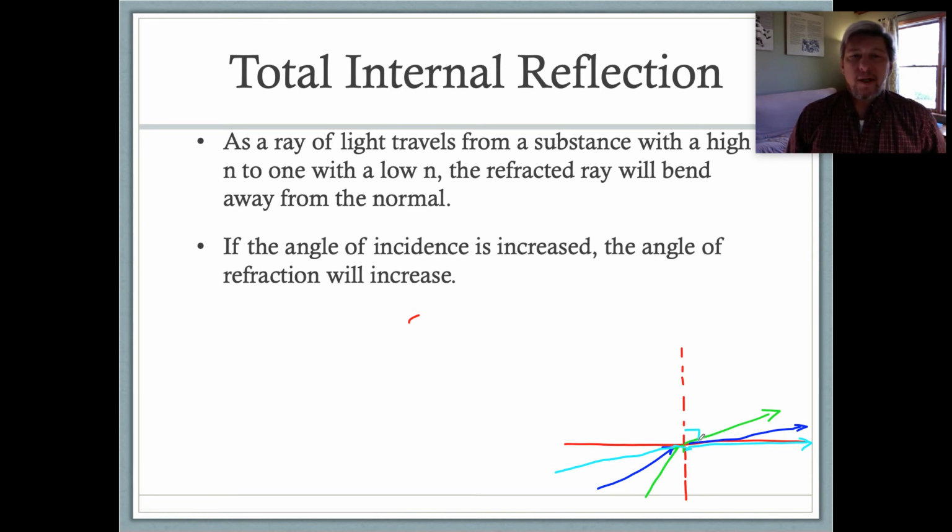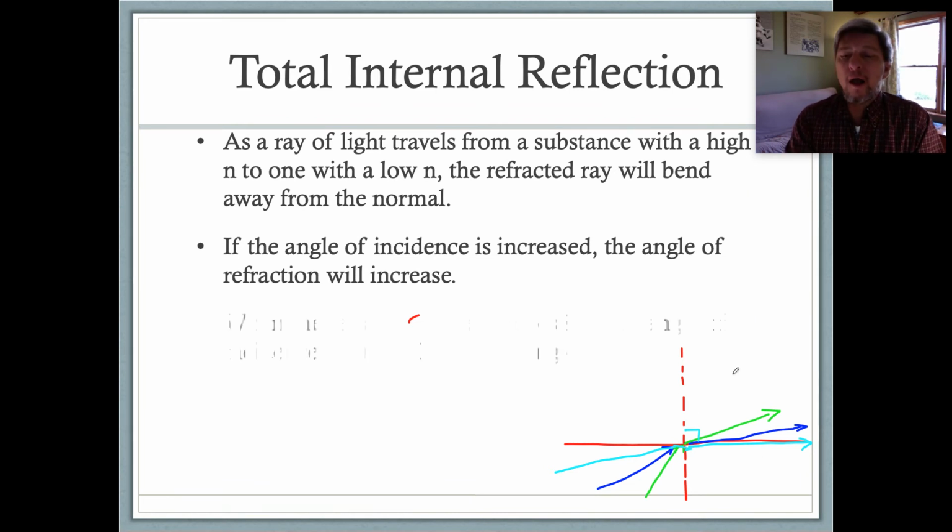So, as a ray of light travels from a substance with a high absolute index of refraction to one with a low absolute index of refraction, the refracted ray will bend away from the normal. If the angle of incidence is increased, the angle of refraction will increase. All right, that makes sense if you look at the diagram that we've got down here in the corner.